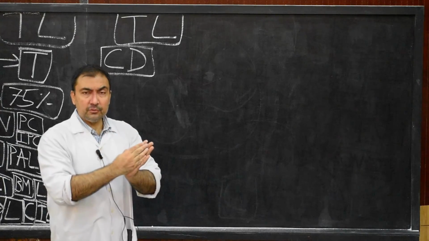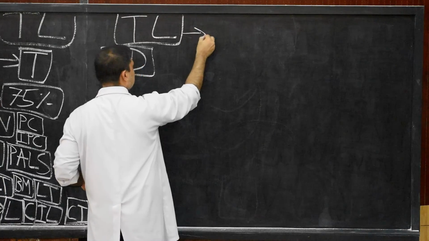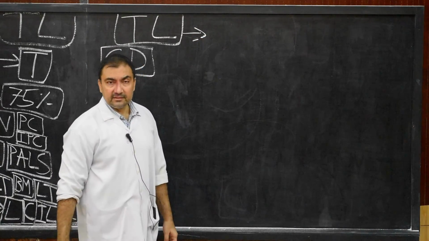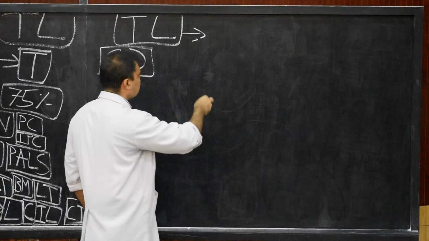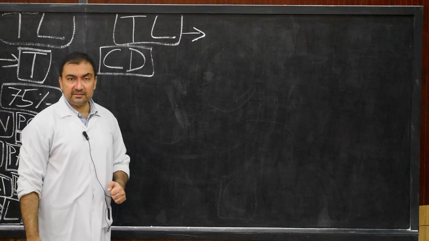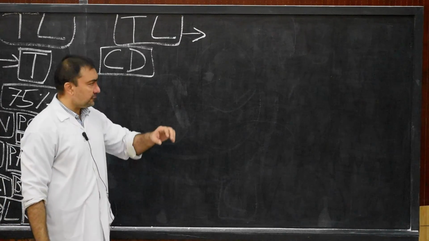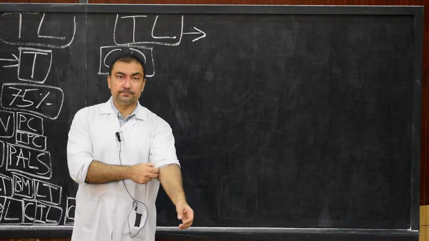They are able to differentiate the T lymphocytes into various categories. So this is how the types of T lymphocytes are derived, according to CD markers, and each of those lymphocytes will carry a specific CD marker.